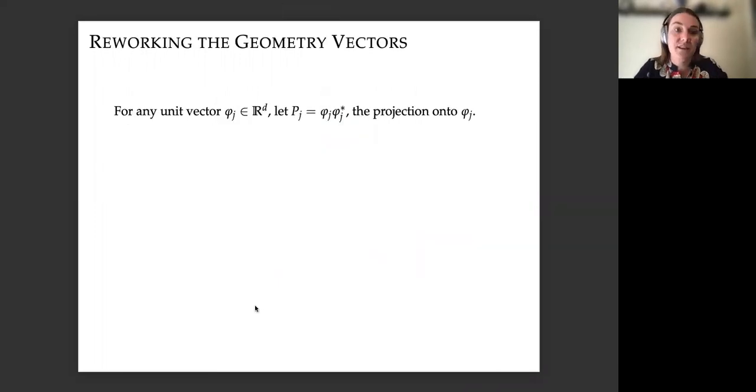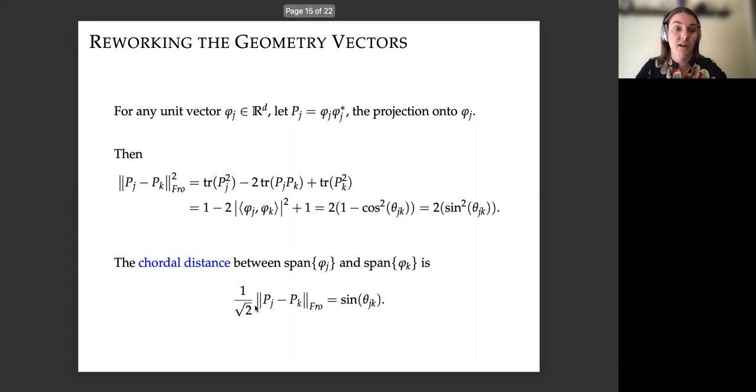So let's review the geometry of vectors. Let's take a unit vector in R^d and define the orthogonal projection onto the span of that unit vector. All we need to do is take that vector times its adjoint. Now we have two different vectors, phi_j and phi_k, and we form the orthogonal projections onto their spans.